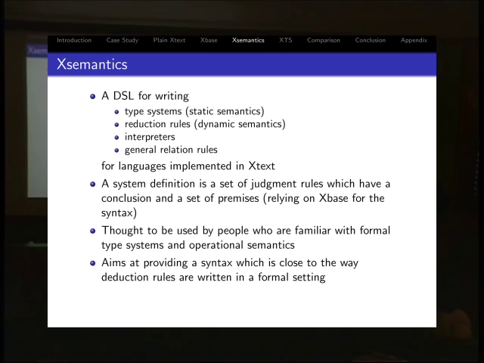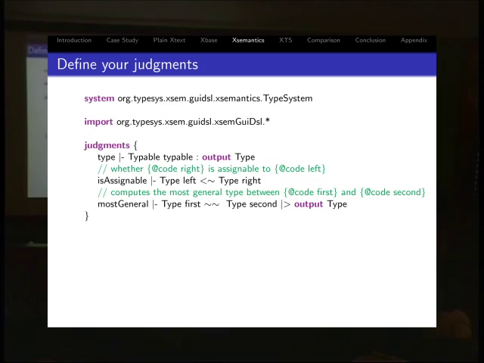And it is a language thought to be used by people who are familiar with formal systems, so people who work on formally defining and designing a language. And the system definition is a set of judgments. You define the judgments of your system. For instance, this is a judgment type which uses this symbol and then has an input parameter and an output parameter.